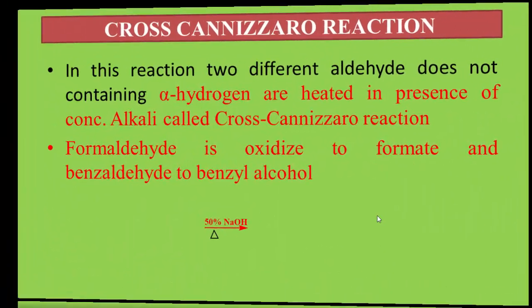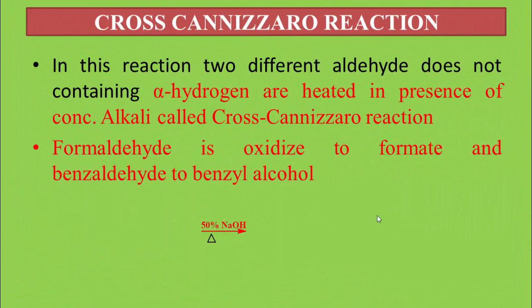Now we discuss another type of reaction, the crossed Cannizzaro reaction. In this reaction, two different aldehydes that do not contain alpha hydrogens are heated in the presence of concentrated alkali. The only difference between the Cannizzaro reaction and the crossed Cannizzaro reaction is that in the Cannizzaro reaction the two aldehydes used are the same, but in the crossed reaction the two aldehydes are different.